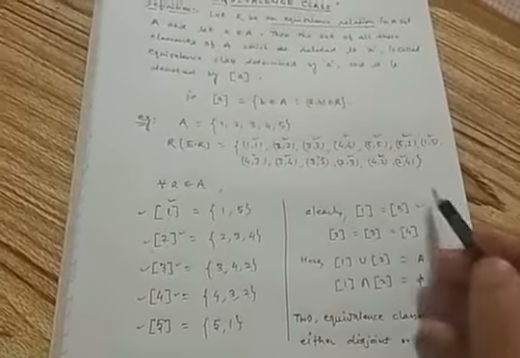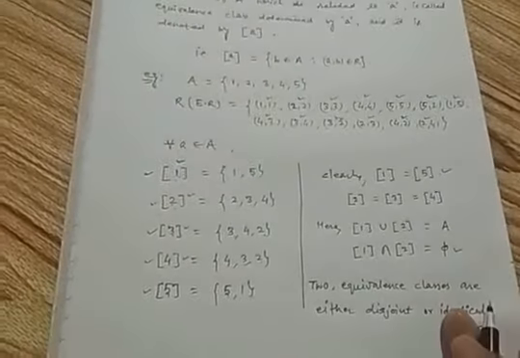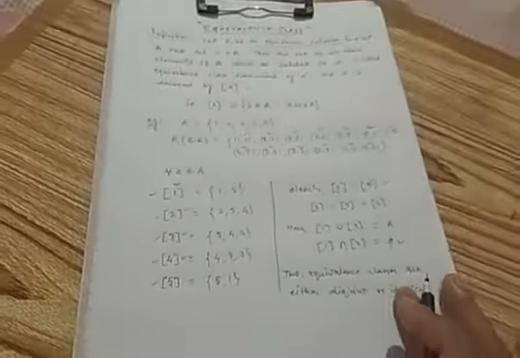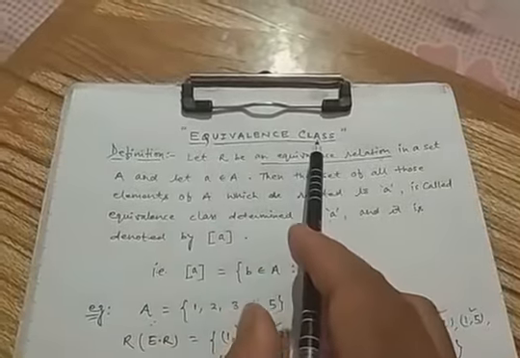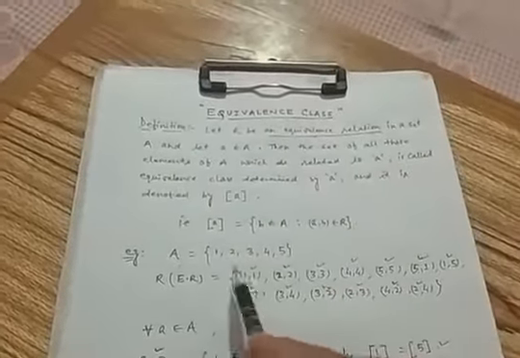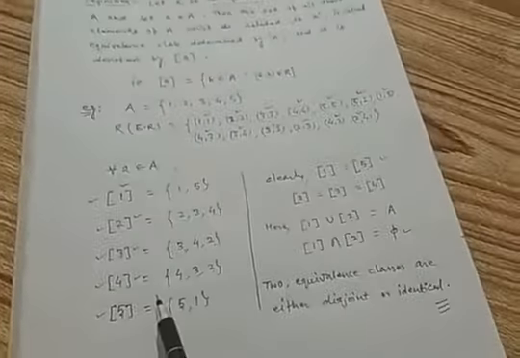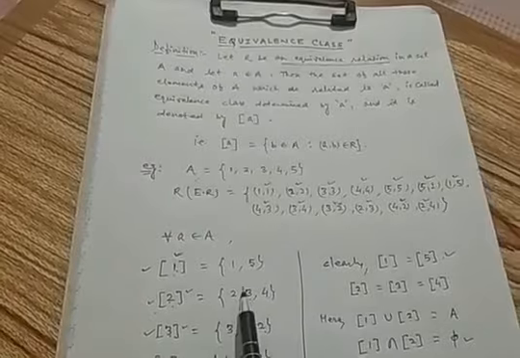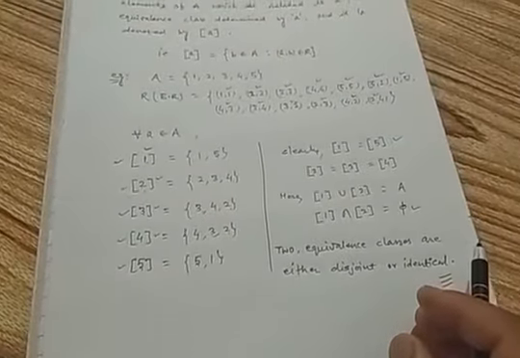By the help of this result we can say that two equivalence classes are either disjoint or identical. So students, we have discussed equivalence class, and we understood, with the help of an example, how to find equivalence classes in a relation. Okay, thank you so much.